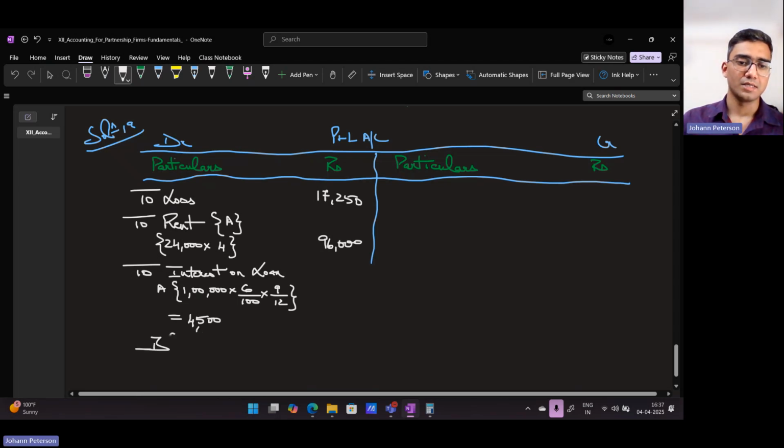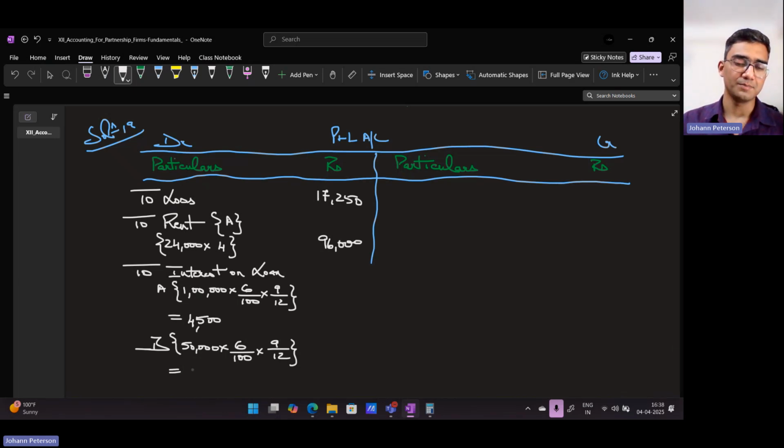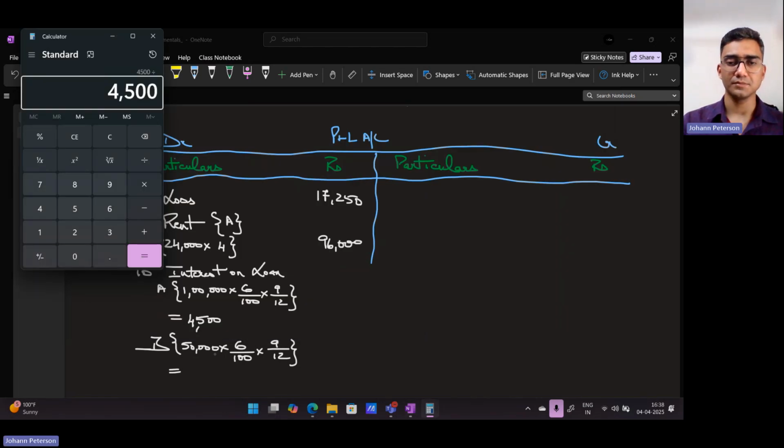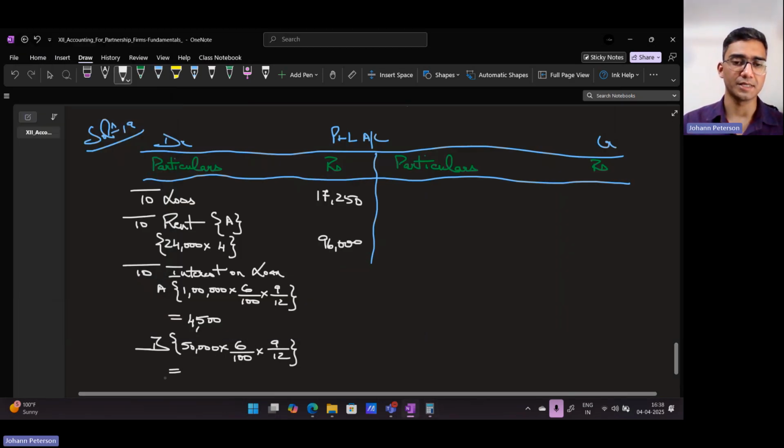B's interest would be on 50,000. So that is 50,000 into 6 upon 100 into, again, 9 upon 12, which is coming out as just half of it. So half of 4,500 will be 2,250. Yes, 2,250.